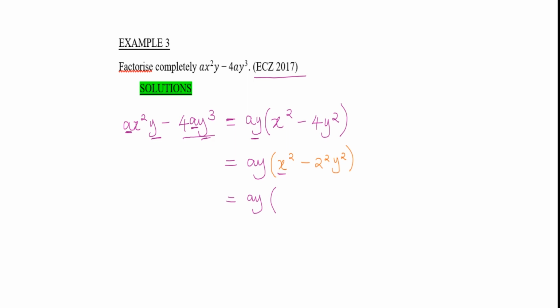The square root of x squared is just x minus the square root of 4, which is just a 2. The square root of y squared is y, close the brackets. The other pair of brackets will have x plus 2y, and we have factorized completely.